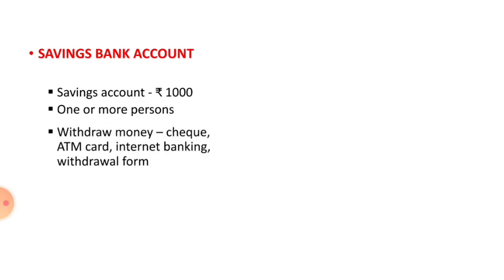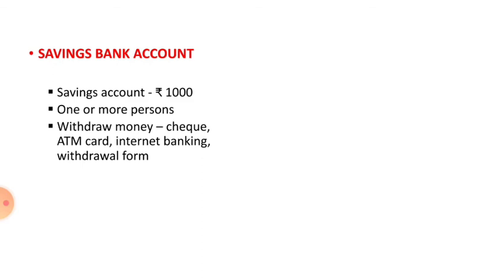The account holders are allowed to withdraw money in the form of check, by using their ATM card, internet banking, that is e-banking, or by using withdrawal form. Withdrawals from this account are restricted to 2 to 3 times a week. In order to deposit, the customer will get a pay-in slip that is filled by the depositor and handed over to the bank cashier.